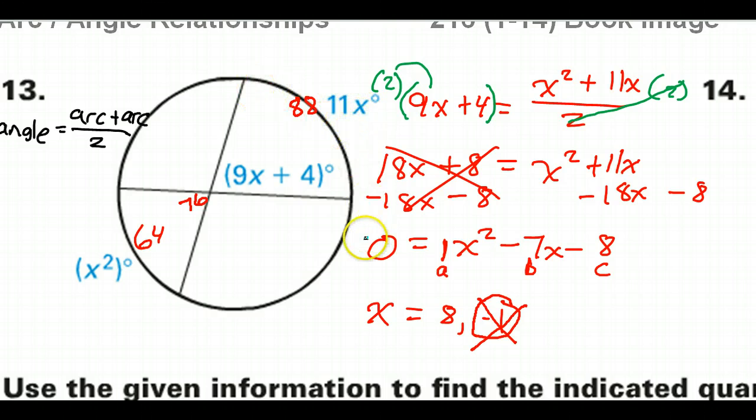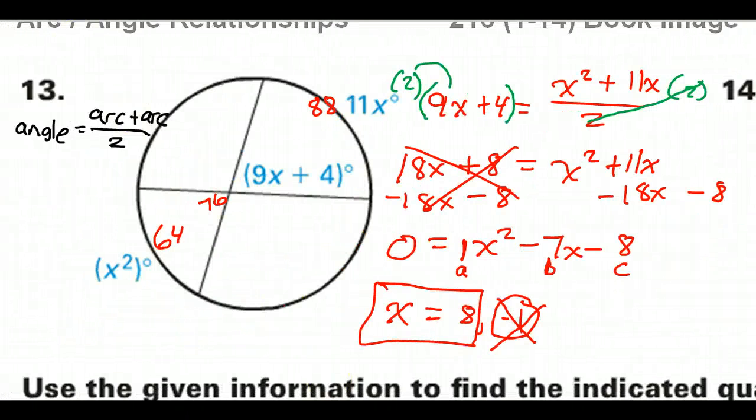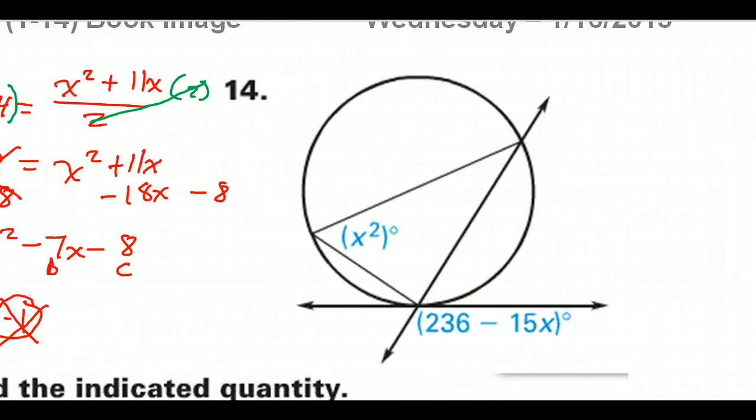You cannot have an arc that is a negative number, so that wouldn't make sense. So x equals 8 is the only answer to number 13. And we didn't really have to do this part that's here in red. I was just checking it out, making sure it made sense.